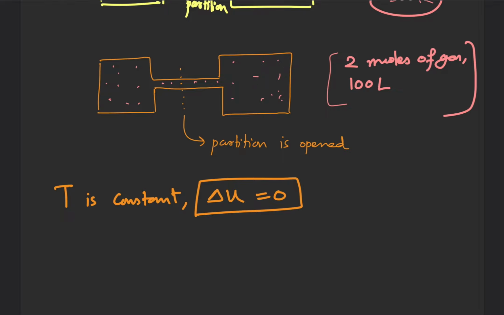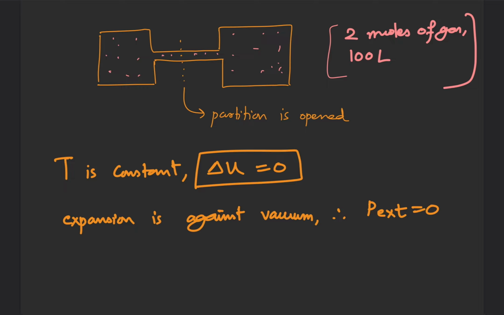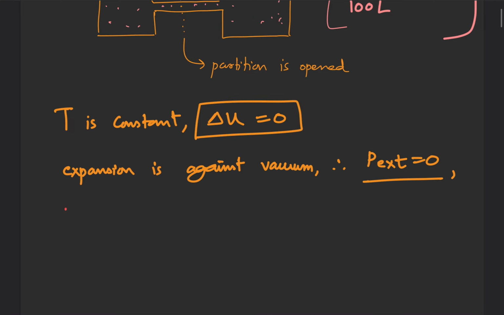And also since expansion is against vacuum, P external will also be equal to 0. And if P external is equal to 0, we know that work will also be equal to 0, because work is equal to minus P external into dV, right?